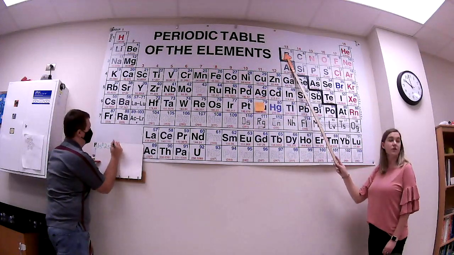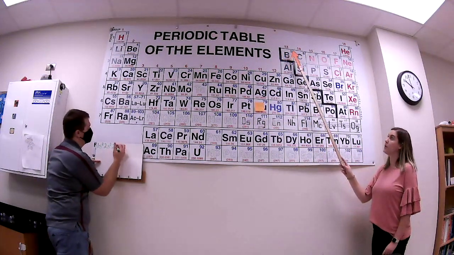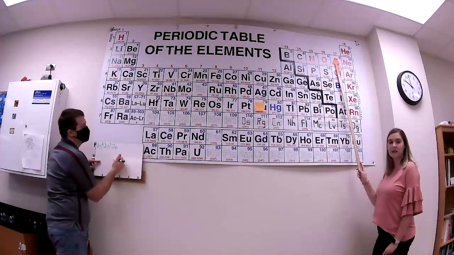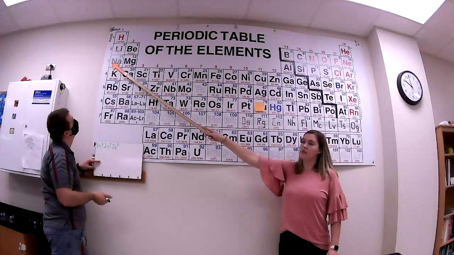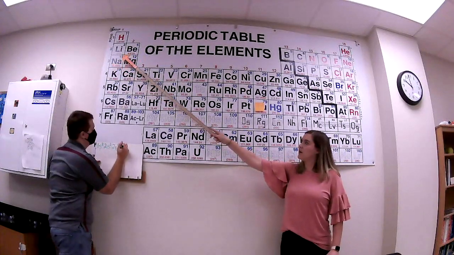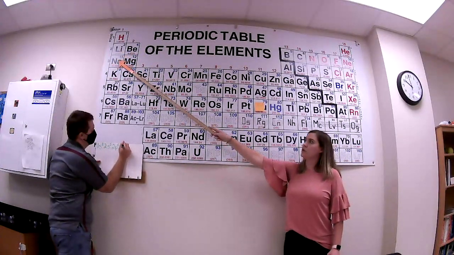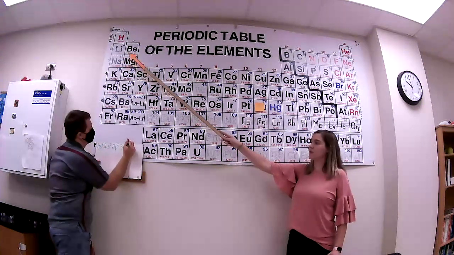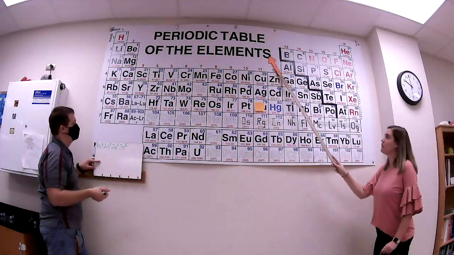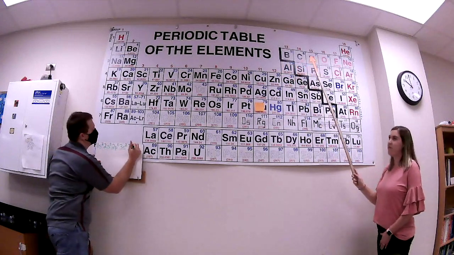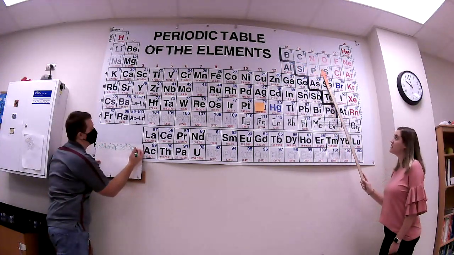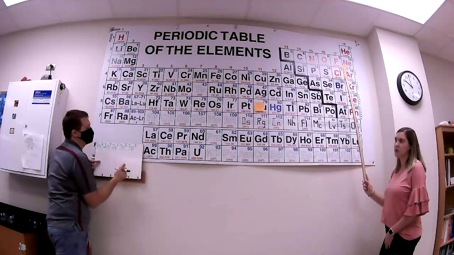We are on the 2nd energy level still, P sublevel, we're going to cross 6 boxes there, so 2p6. 3rd energy level, S sublevel, cross 2 boxes, so 3s2. Keep moving, 3rd energy level, P sublevel, and we cross 6 boxes, so it'll be 3p6.